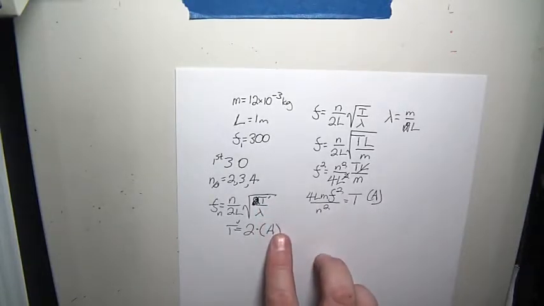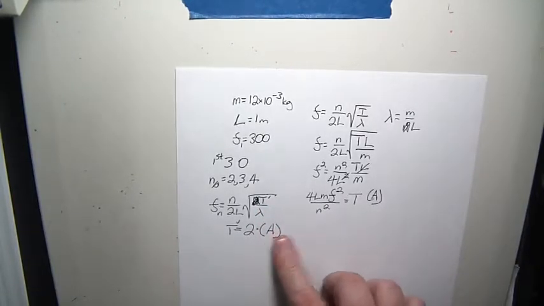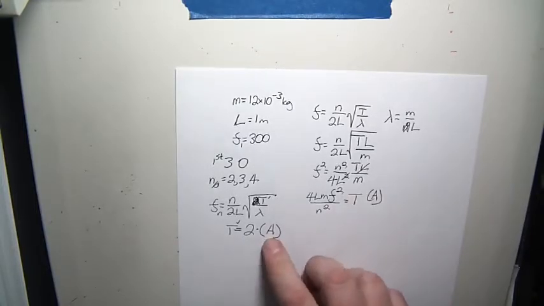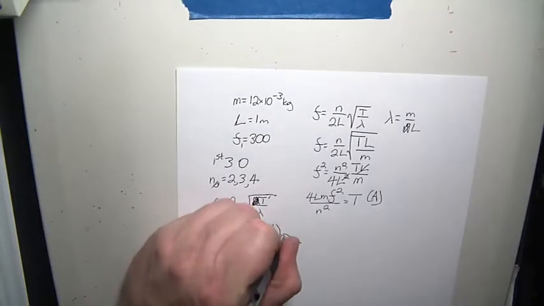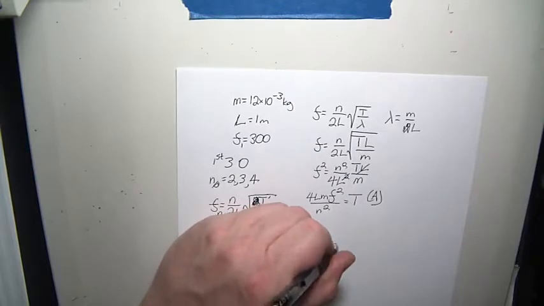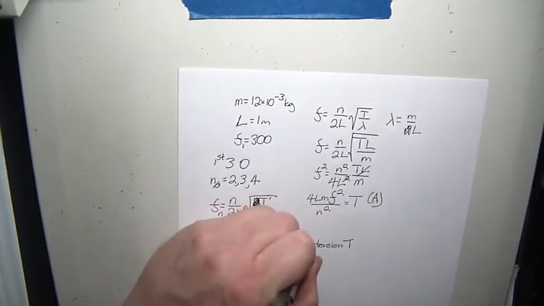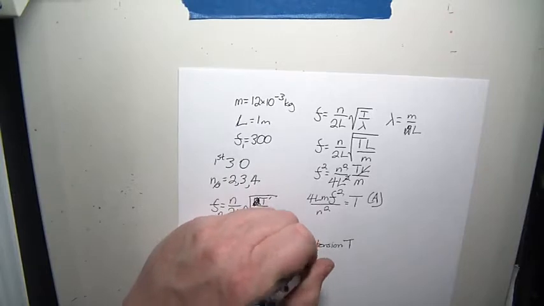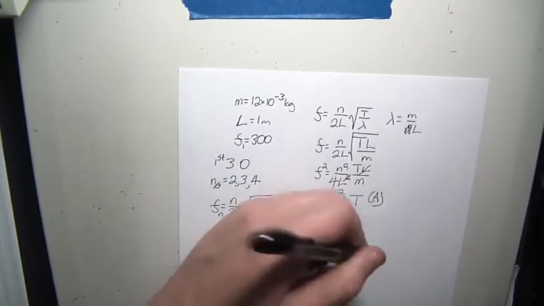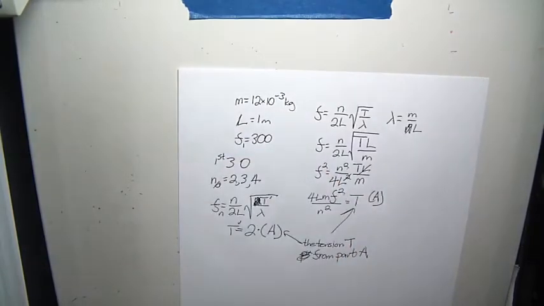A is the T from part A. What is N in part A?